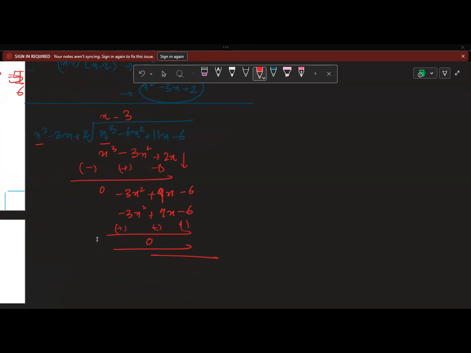Yeah, Amar, did you copy this or not? Please just copy this first. Then I'll teach you middle term splitting. Okay, ma'am. I'm done.